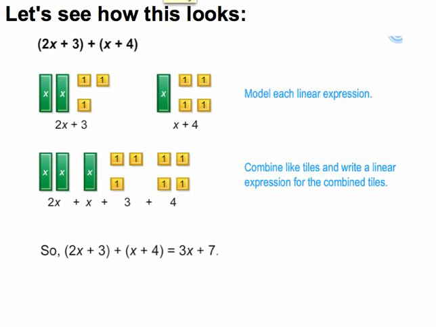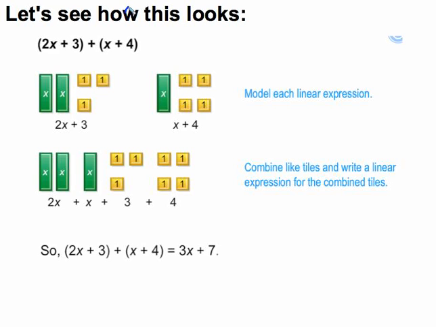The first example actually looks at using models to do these problems. However, we're going to use some of what we did the last couple of days, which was to combine our like terms by adding the coefficients of the variables. But this puts it into picture form for you.